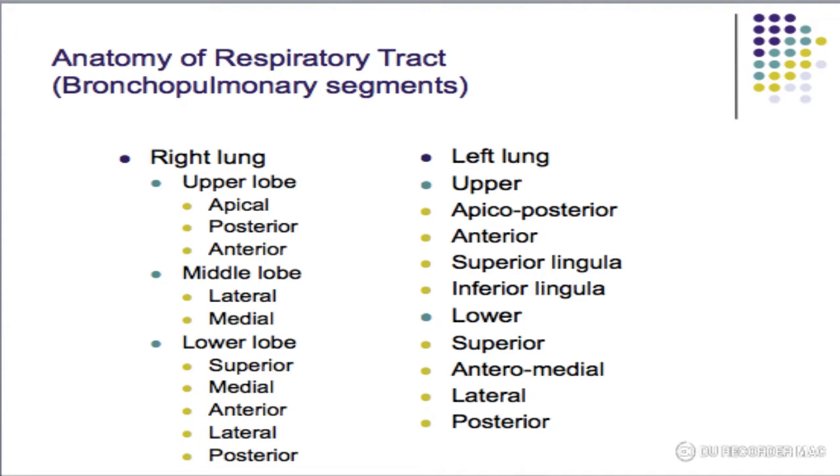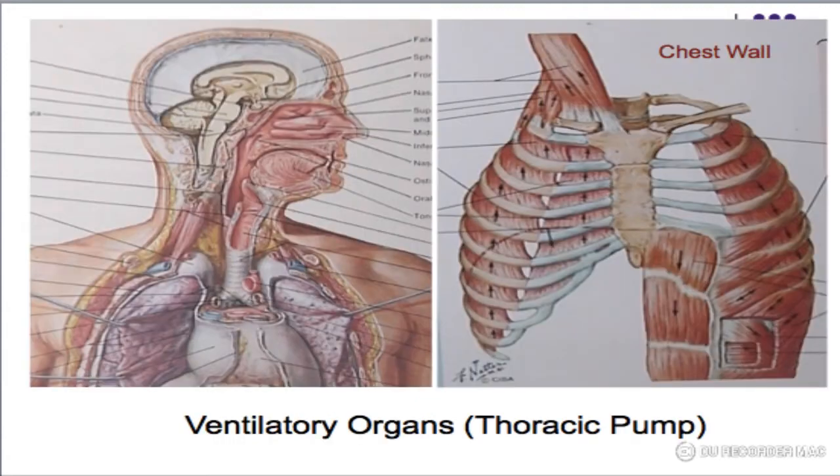Middle lobes, the superior lingula, the lower lobe, and the superior and anterior and lateral posterior part of the left lung. So these are the ventilatory organs, which are also considered the thoracic pump.